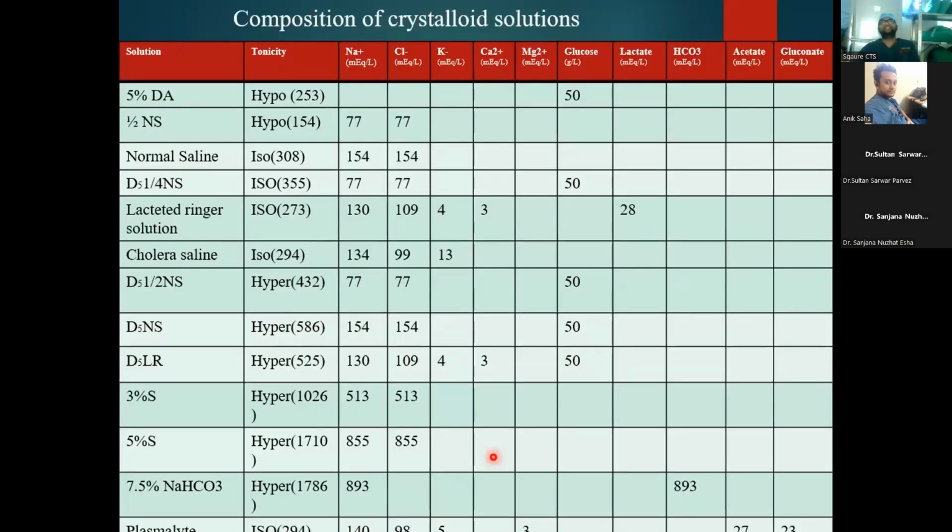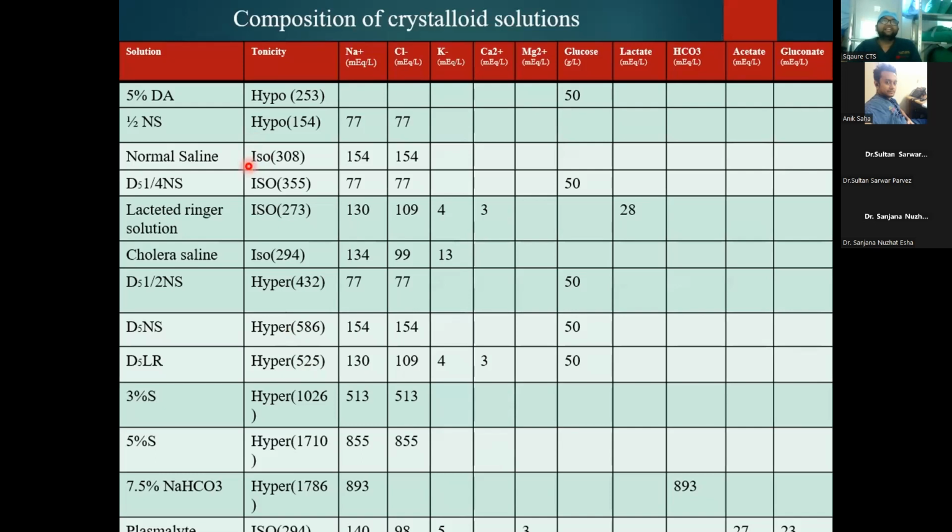And there are some common fluid compositions we use in ICU and OT. Just see, normal saline. The term normal saline is a misnomer; it is not actually a balanced salt solution.